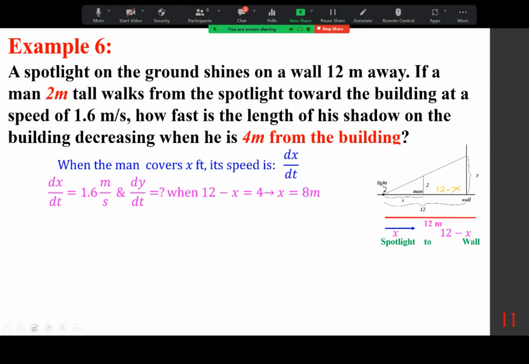So we write this. dx dt is 1.6 meters per second. dy dt is missing. And at the precise moment of 4 meters from the building, that means 12 minus x equals 4. That means x equals 8. At the moment that x equals 8, we are interested in finding dy dt.